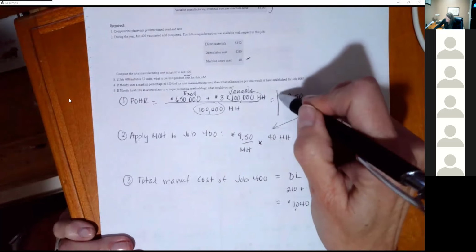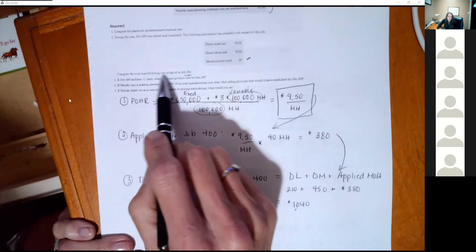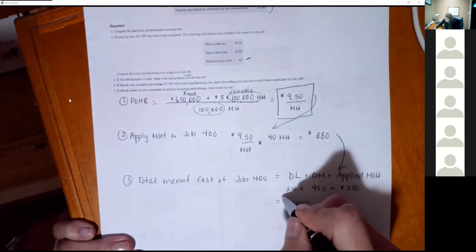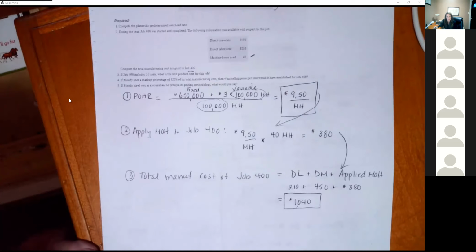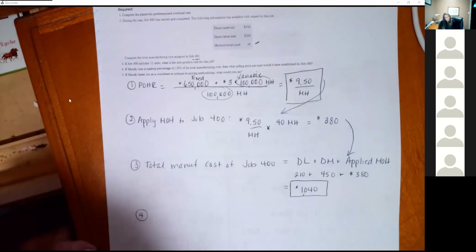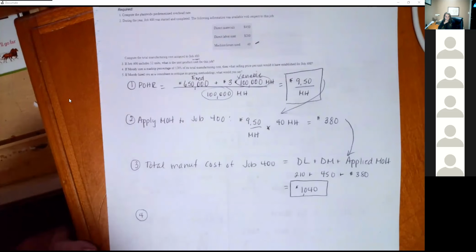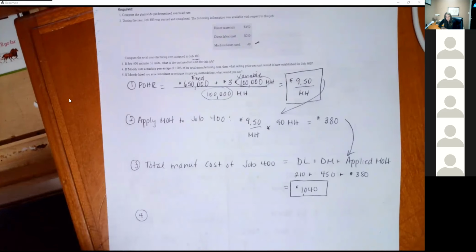So this answers requirement number 1. Requirement number 2 is compute the total manufacturing cost. That's this. Okay. And then it wants the unit product cost. So what am I going to do here? We divide 1040 by 52.